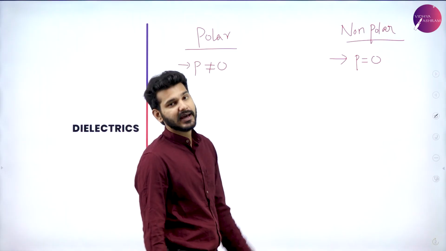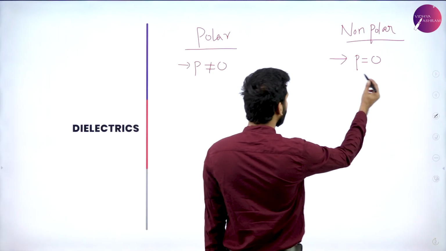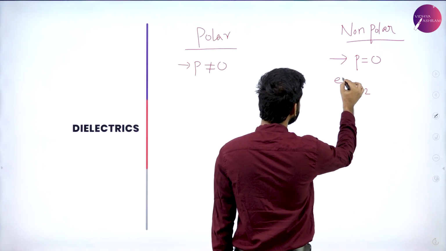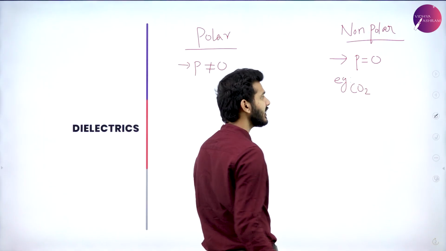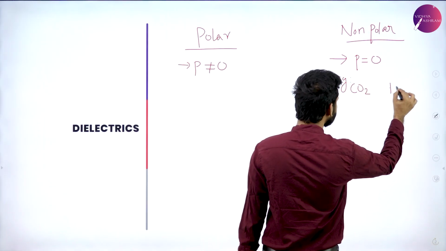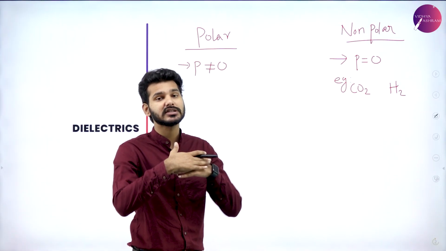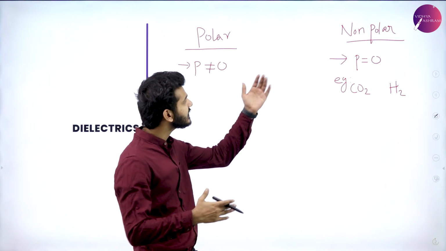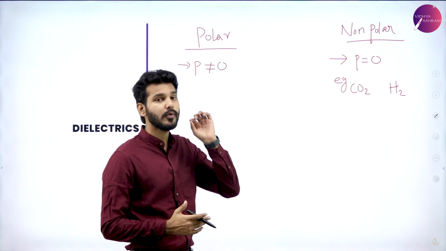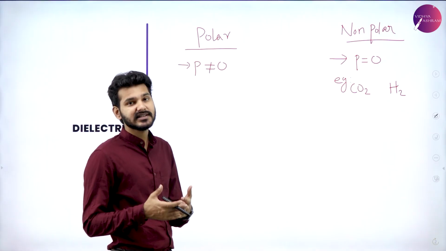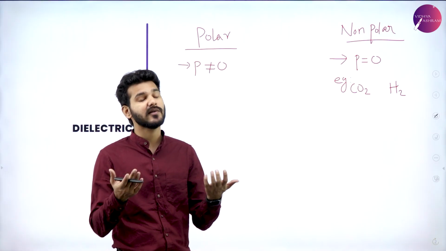For a non-polar dielectric, we can take the case of, let's say, CO2 molecules, or we can even take the case of H2, any linear molecules where the charge centers coincide with each other. We can take them as examples of non-polar molecules, because these dielectrics exist amongst us in everyday life.